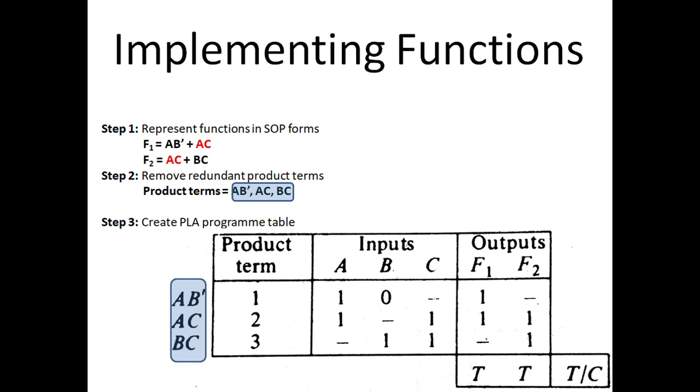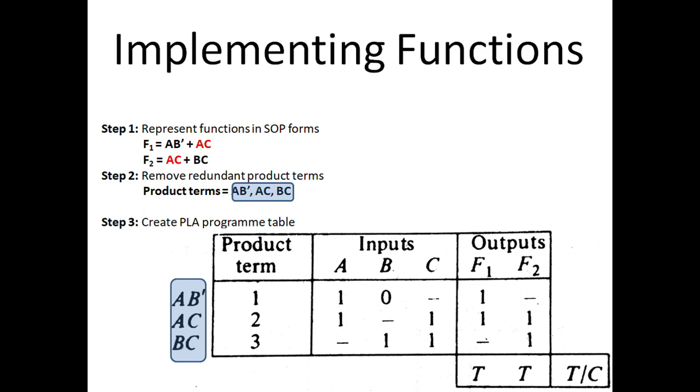If either of these would be in the complemented form, we would put C. So we have to write T or C between these output variables, depending on whether F1 is in the normal form or complemented form. In this example, F1 and F2 are in the normal form, so we just write true.